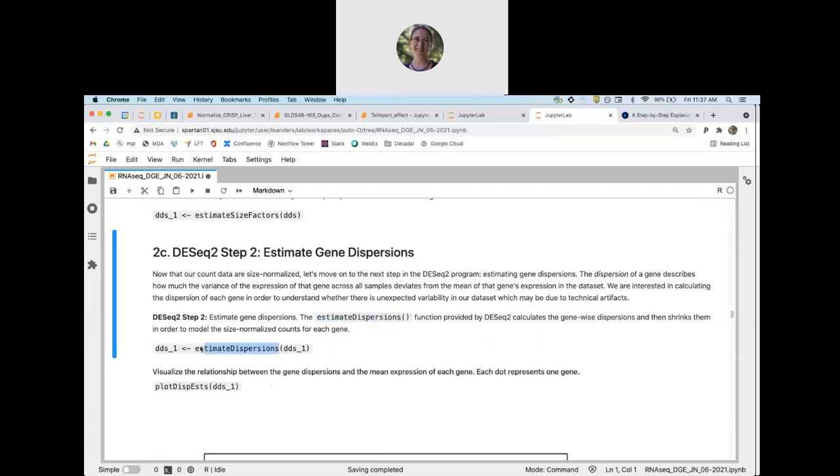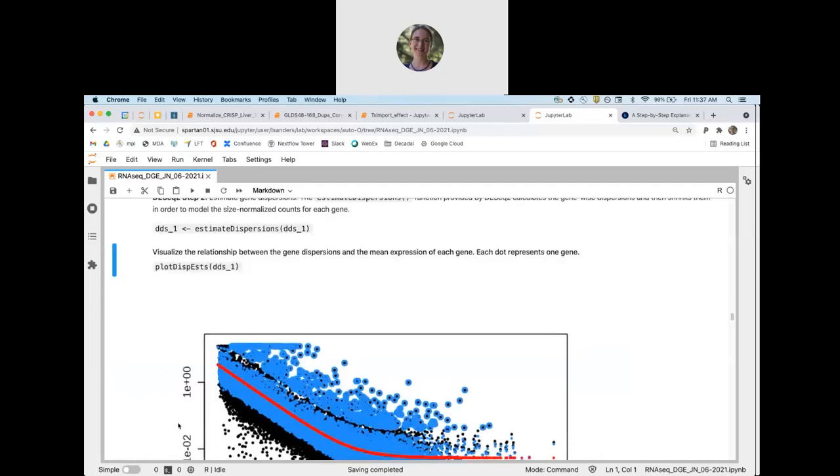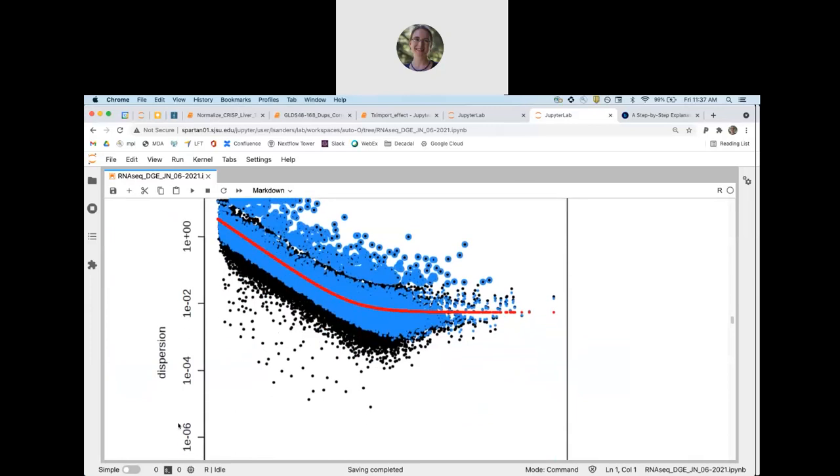We call this function and pass to it our updated DESeq dataset object, and then we write the results back, overwriting our updated object, so we just continue calling it dds_1. There's another function called plotDispEsts, where we can visualize the relationship between the gene dispersions and the mean expression of each gene. This visualizes what we do when we estimate the gene dispersions. I've put this plot in here so you can take a look at it.